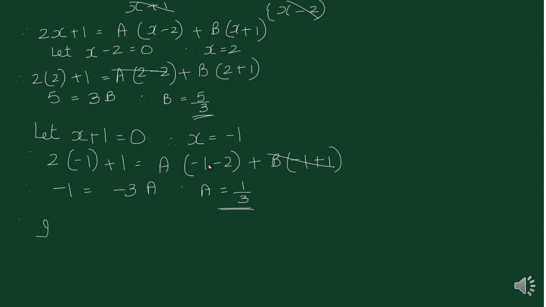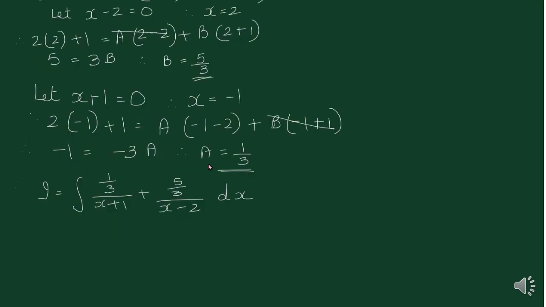So therefore our integral now becomes, see, we have written the integral, the question is (2x + 1) upon (x + 1) into (x - 2). So now this becomes a upon (x + 1), that means 1 upon 3 upon (x + 1), plus b upon (x - 2), that is 5 upon 3 upon (x - 2) dx.